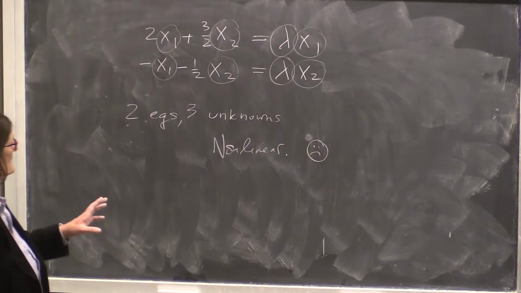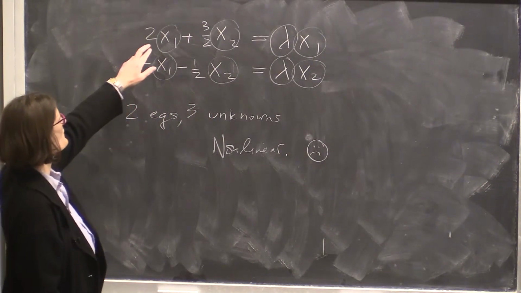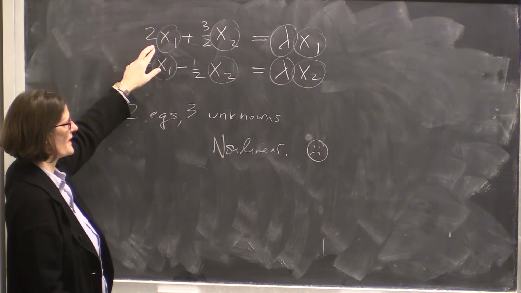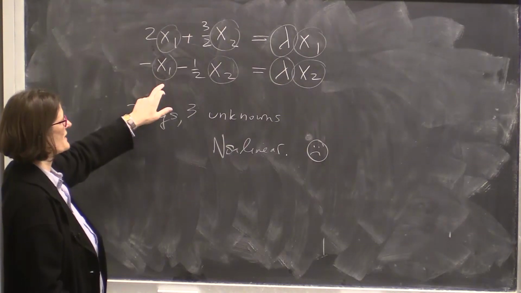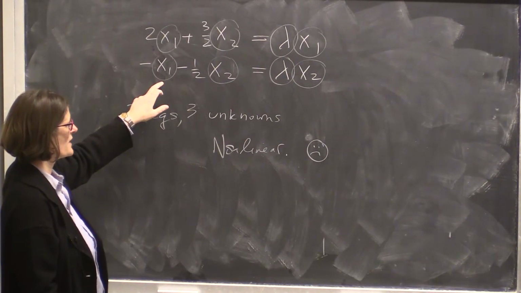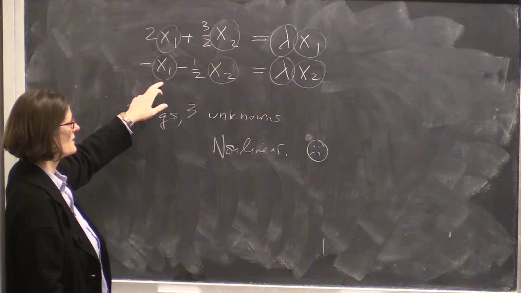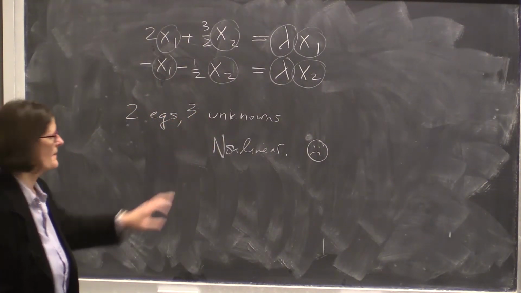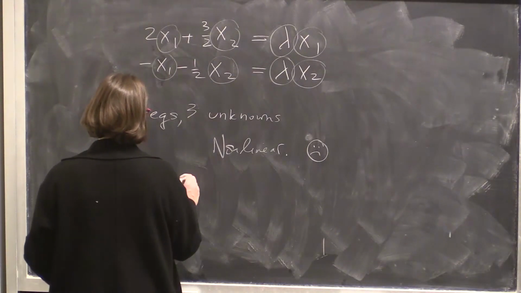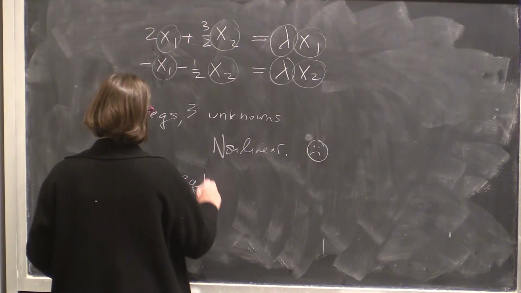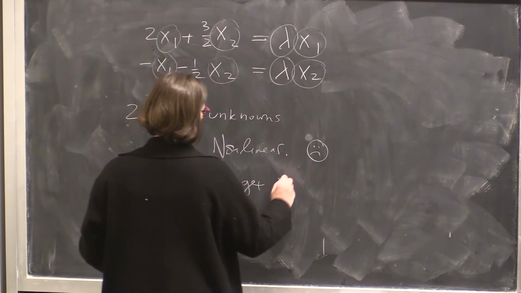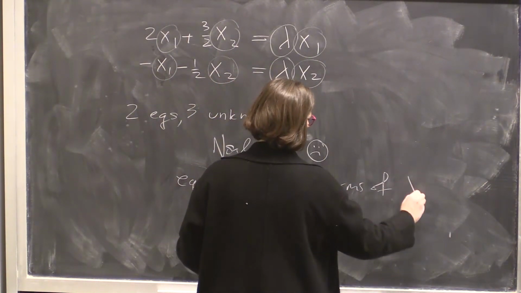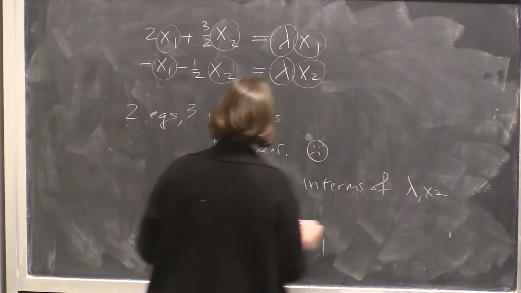Now, if you feel like it, you can solve the first equation for x1, determining it in terms of x2 and lambda. You can plug that in. Now you can solve the second equation for x2, and you're just going to get something that lambda has to satisfy. Equation 1, get x1 in terms of lambda and x2.